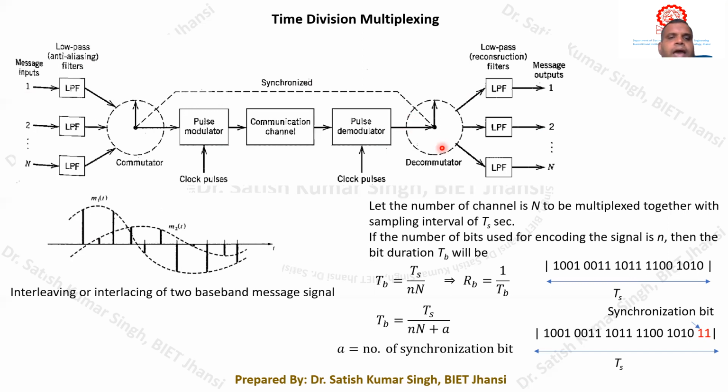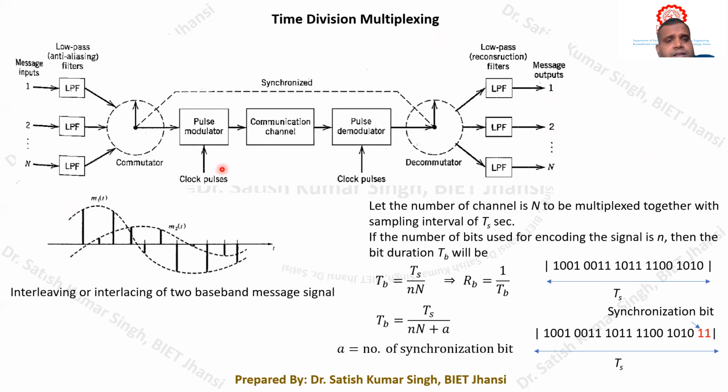So if you understood how it works, you can see that even though we have just a single dedicated transmission line between the transmitter and the receiver, a large number of subscribers are connected at the two ends, at both the transmitter end and the receiver end.